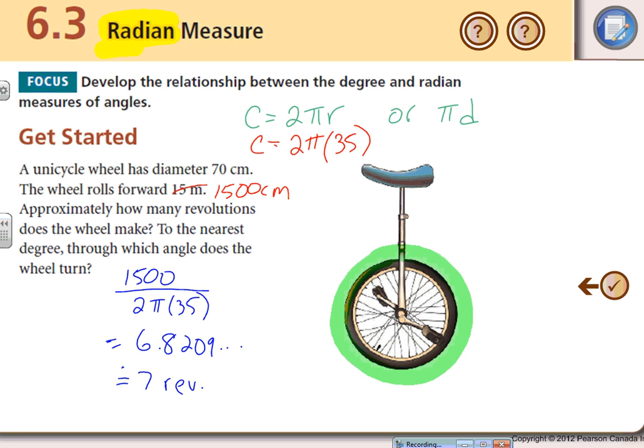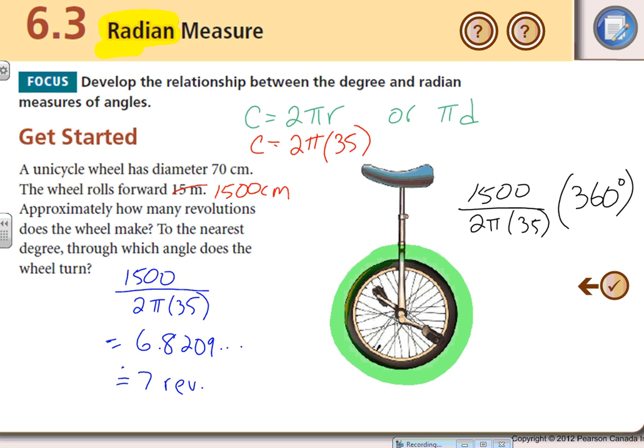Now we want to know how far this turns, how many degrees those revolutions are. So we've got the 6.8209 times 360 degrees. I don't want to use my decimal value, so I'm just going to plug it right back in. I'm going to say it's 1,500 divided by 2 pi 35 times 360 degrees.